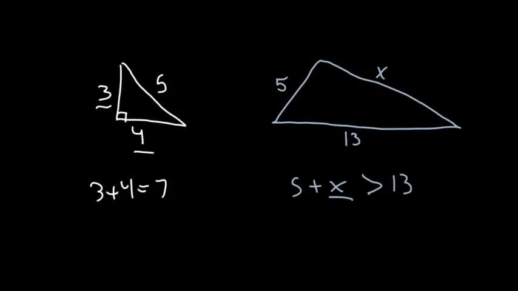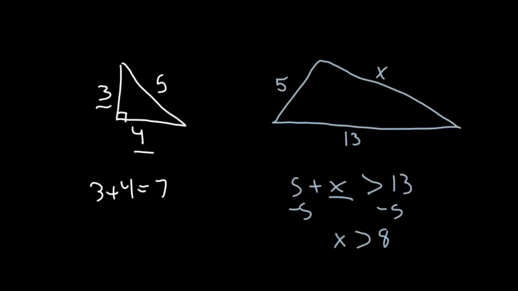So if I subtract 5 from both sides, this is an inequality, which you don't have to know right now, but we'll get to that eventually. You need a number greater than 13 minus 5, which is 8. So x has to be a number greater than 8. So x could be 9, 10, 11, 12, even 13. It just can't be less than 8.